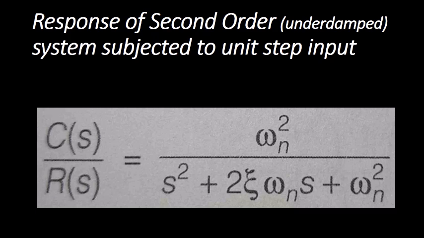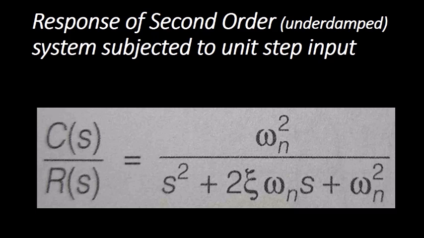Remember that omega n indicates the natural frequency of oscillation. That means it is a frequency whose time period never changes, a constant time period and constant frequency. But when the frequency changes, it is called the damping frequency, omega d, which we'll study in a later session.